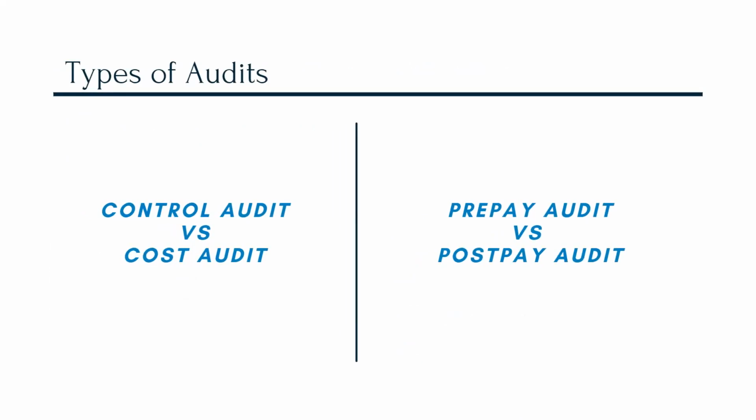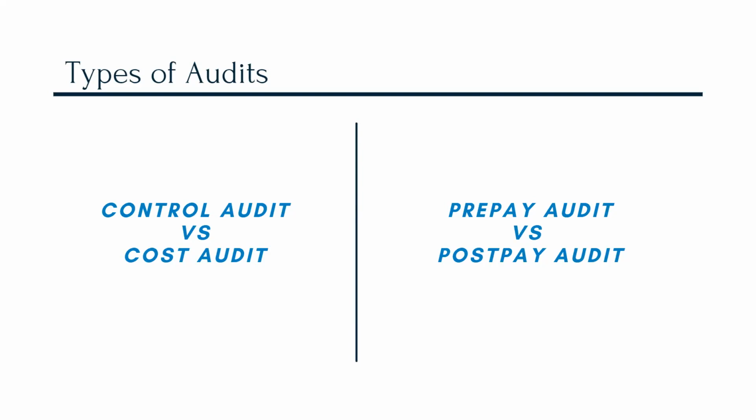Moving into the types of audits. Jumping into this, it really depends on the underlying goal of why the owner or general contractor wants to audit their subcontractors, or the owner wants to audit the project. If the goals are focused on saving costs, minimizing costs, or understanding costs, then a cost audit is what makes sense.